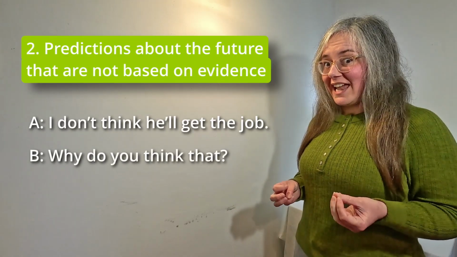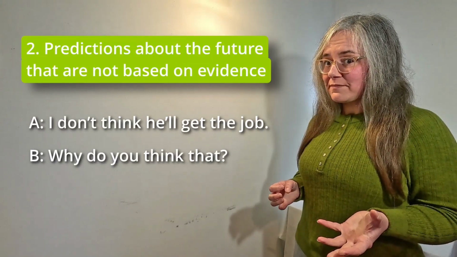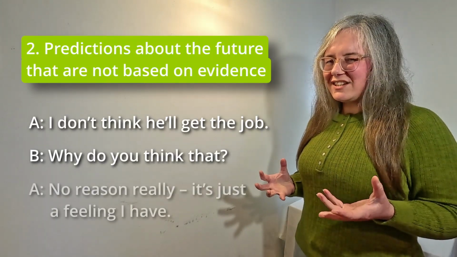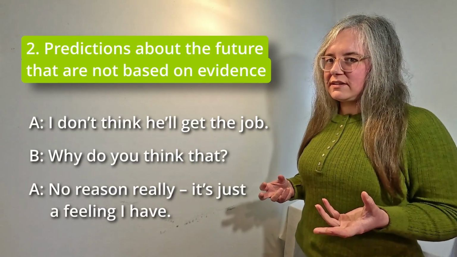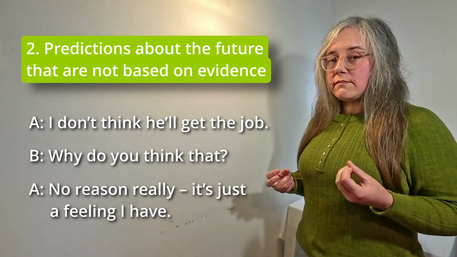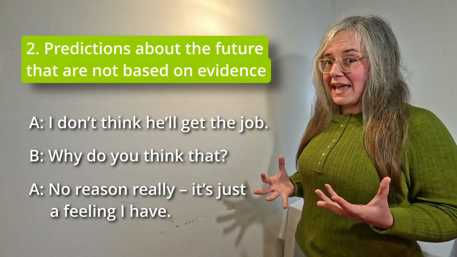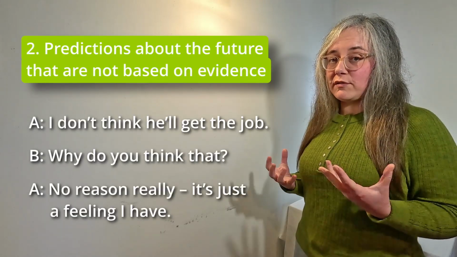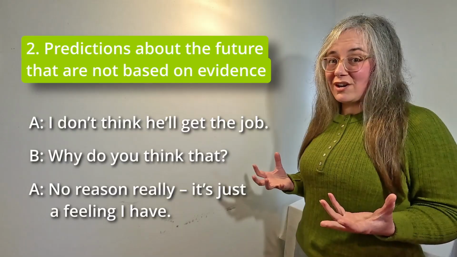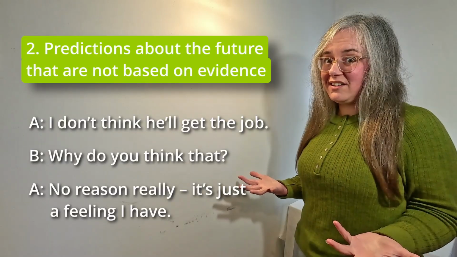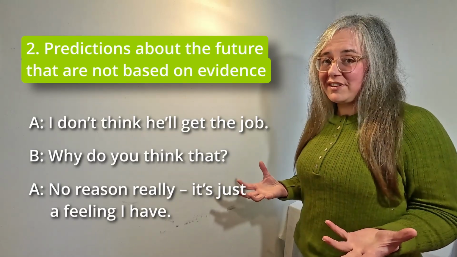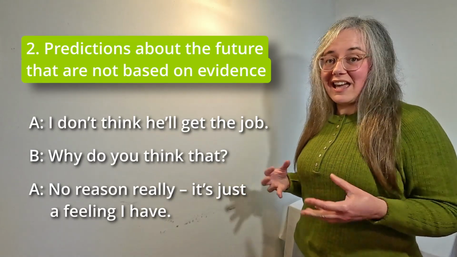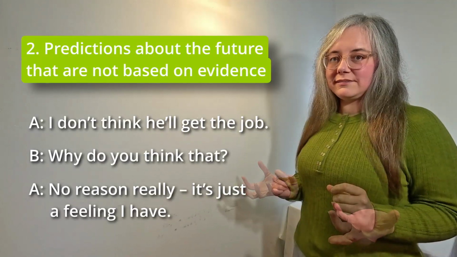And person A replies, "No reason really. It's just a feeling I have." So, person A is making a prediction about the future based on nothing. No knowledge that they have themselves and nothing external to them.